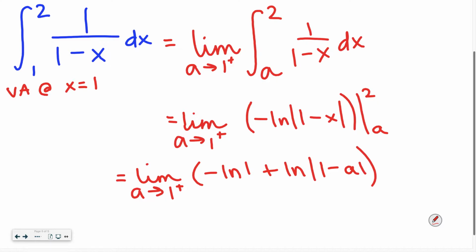Natural log of the absolute value of 1 over 1 minus a. What's that graph look like?